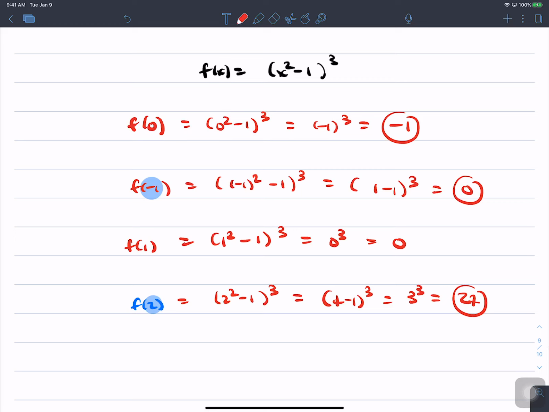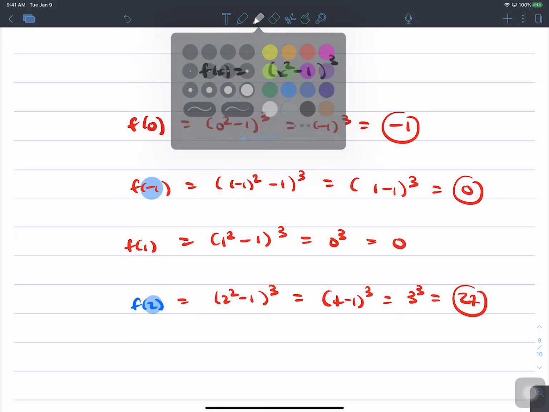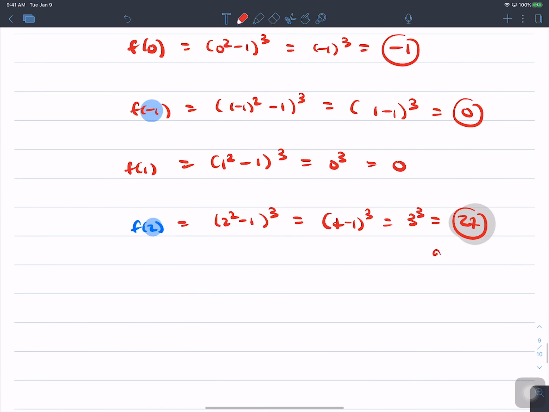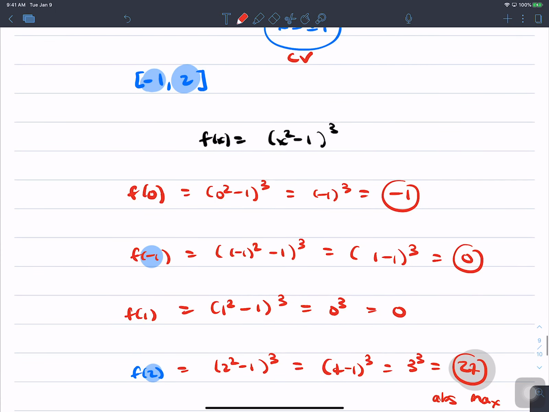Which is the largest value? The largest value is 27, and that's your absolute max. The smallest value is -1, and that's your absolute min.